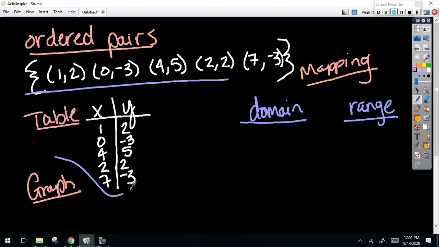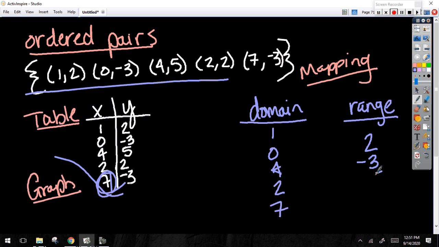We've just modeled it differently. 1, 0, 4, 2, 7. What is the range? -3, 5, 2. I've already got 2 on there, and I've already got -3 on there, so I'm good.